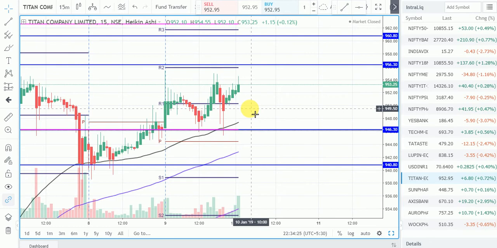Based on it, I did whatever I did, but the second entry I have not done, to be frank. Why? Because I had not seen this particular level, as I was busy with some other stock as well. So that is what I missed, the second entry.